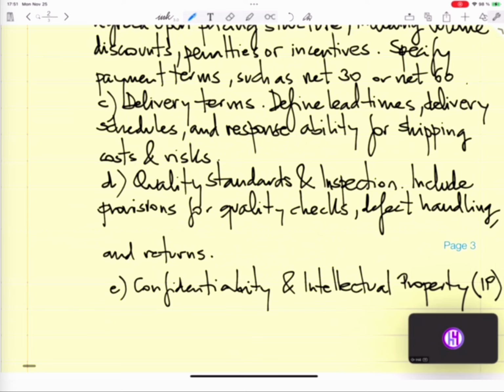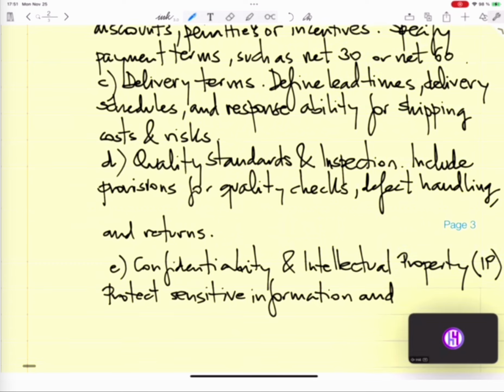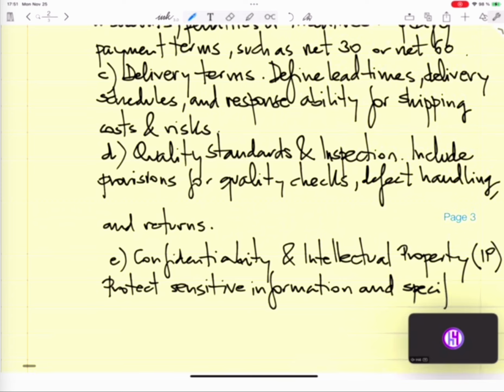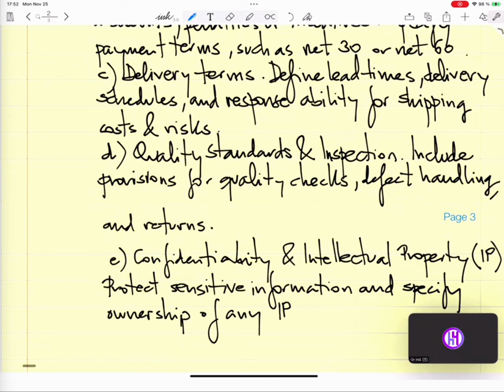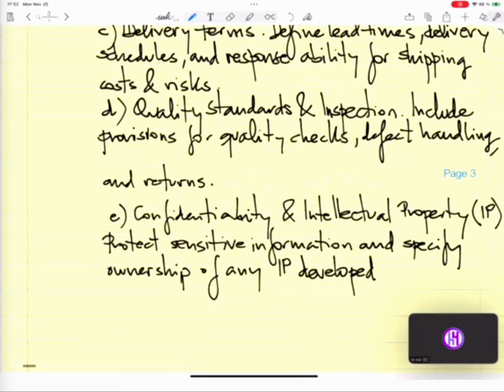So protect sensitive information and specify ownership of any IP developed during the relationship.